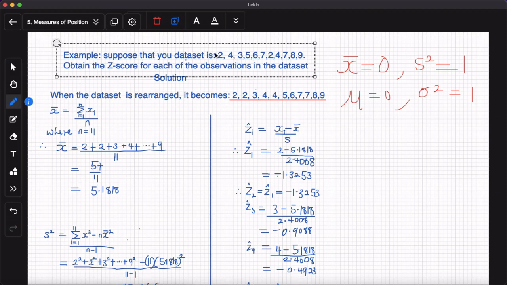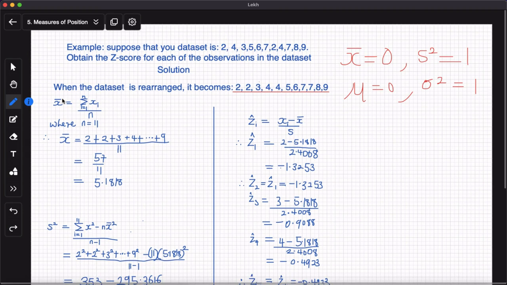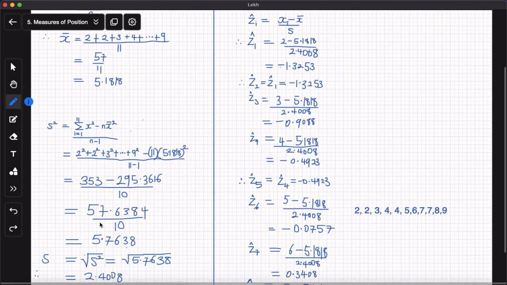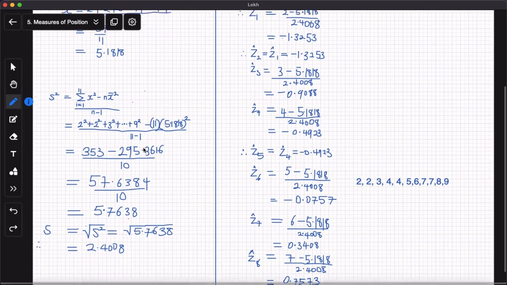So we'll obtain for 2, for 4, for 3, and like that. But before we do that, we need to know our mean, and the mean is 5.1818, and the standard deviation, which we will obtain from the variance. The variance is actually 5.7638, and that will give us a standard deviation of 2.4008.